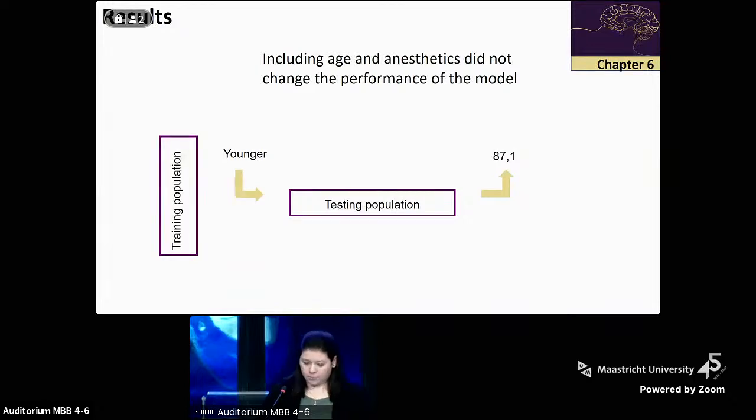And when we have a testing population, we found that it doesn't matter if the training population was either the older patients or the younger patients, we have the same outcome. So this seems to indicate that the age and the anesthesia don't seem to affect this identification of the STN.